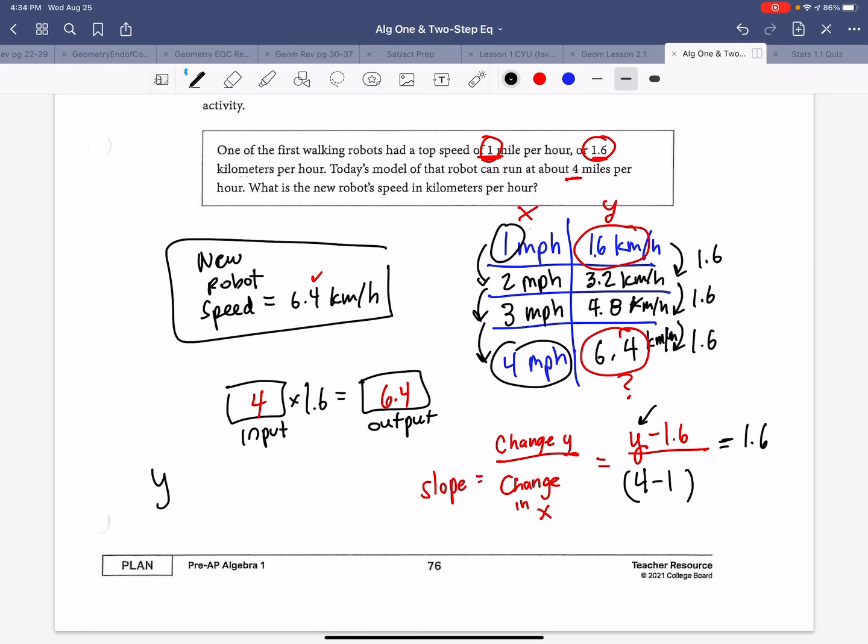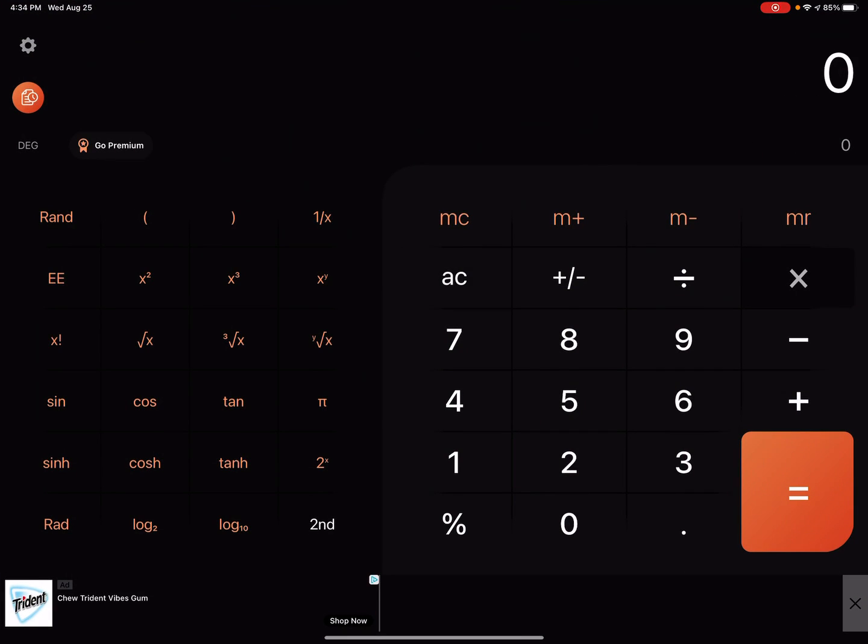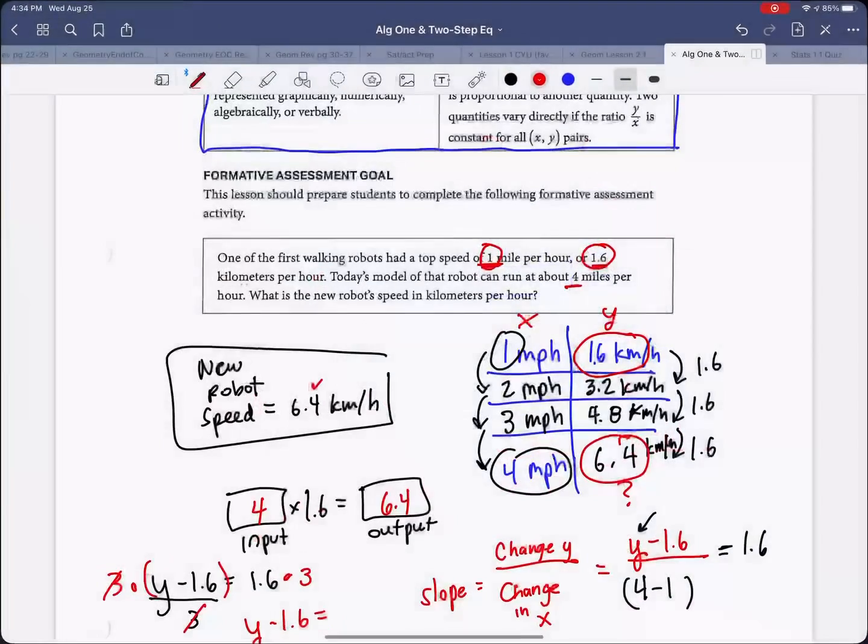We get y minus 1.6 is equal to 1.6 all over 3. Using algebra, this is definitely the longer way around. We could multiply 3 on both sides, and we get y minus 1.6 is equal to 3 times 1.6. 3 times 1.6 is 4.8.